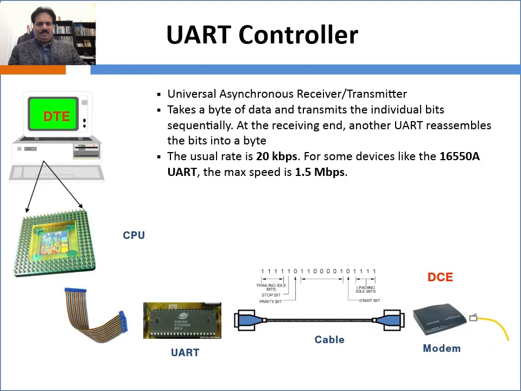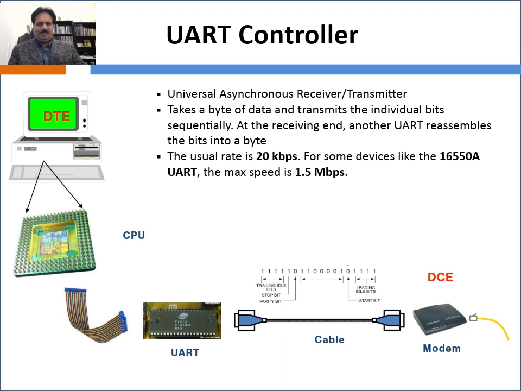Remember, at the beginning, I was talking about the data that is being processed and then transmitted over the communication channel or the cable or the physical layer. So, data is actually processed before it goes to the physical layer. So, how does it do that? There should be a kind of processor, and this is the one, it's called the UART controller. UART stands for Universal Asynchronous Receiver and Transmitter.